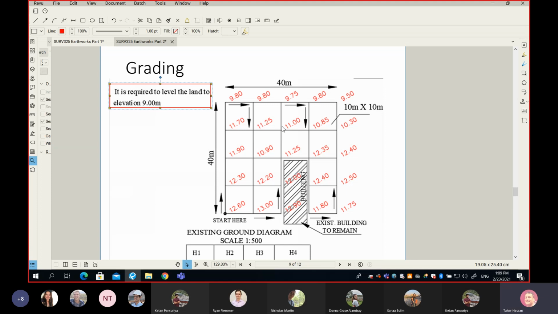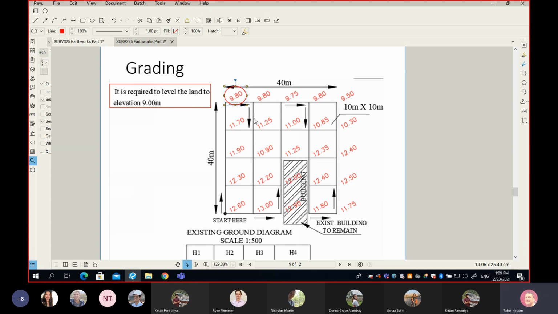Now, what we have to do is a survey, and the surveyor will go and find the elevations for us. Where are the elevations? It's what you see on my plan view. For example, on the northwest side, we have here a 9.8. This number is the existing ground elevation.